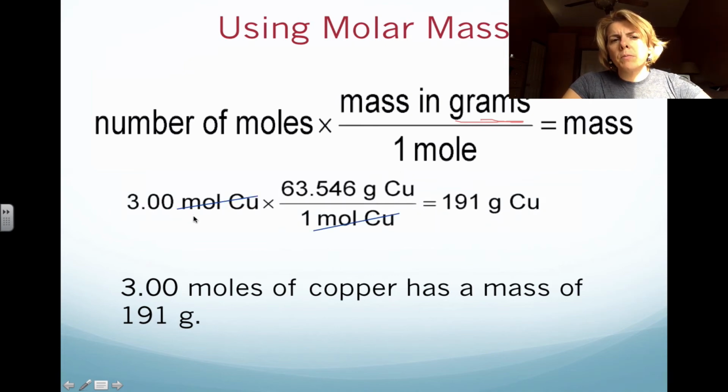So here we take 3 moles of copper and we multiply it by the molar mass of copper. So underneath that element symbol, you should see 63.546 grams of copper. And when you multiply those two numbers together, you get 191 grams of copper.